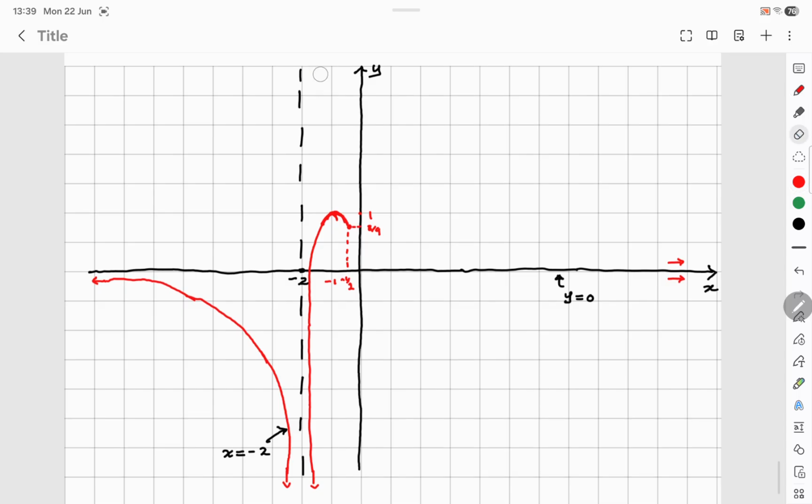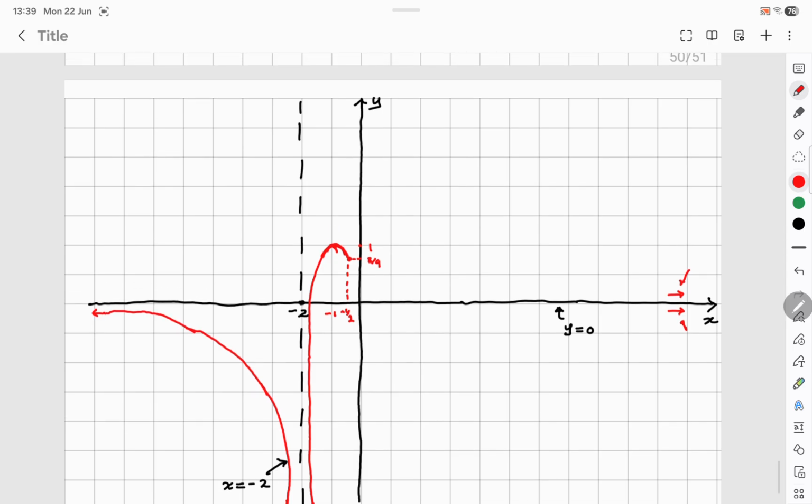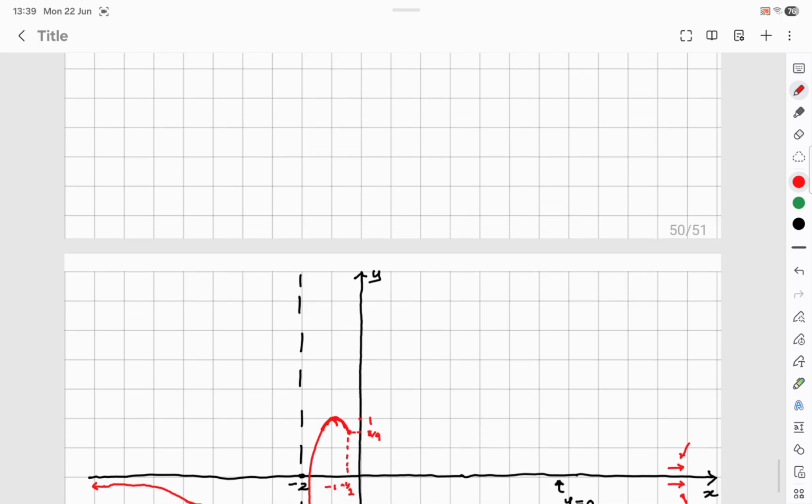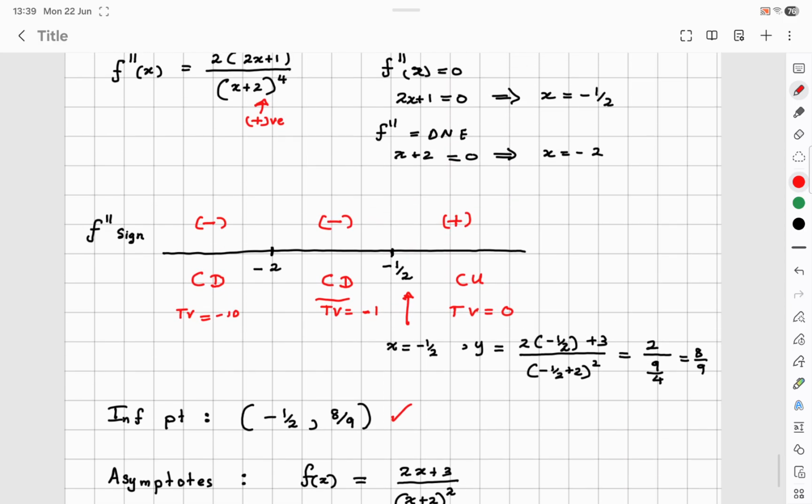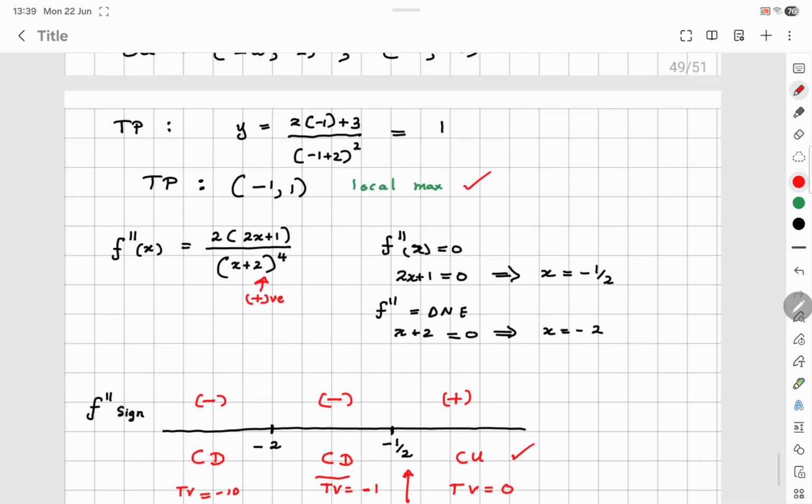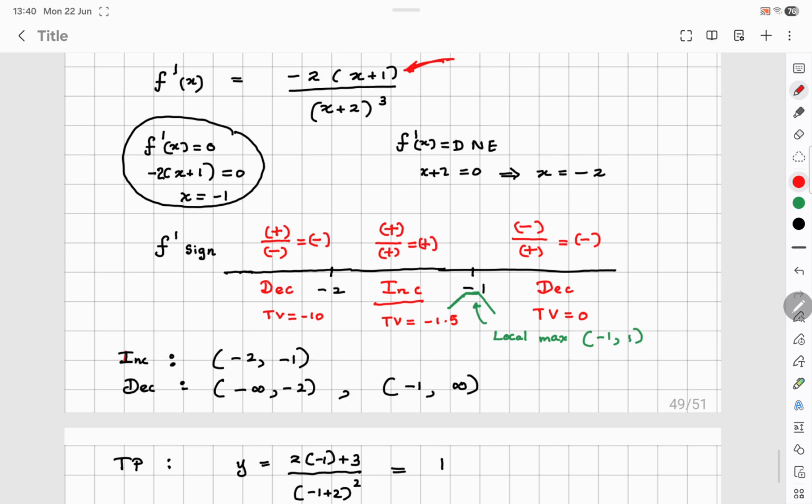So then, right, so now we have to select which arrow to connect, down arrow or the up arrow out of these two. Now you have what? From minus half onwards. So after minus half, it is concaving up, and what is happening?